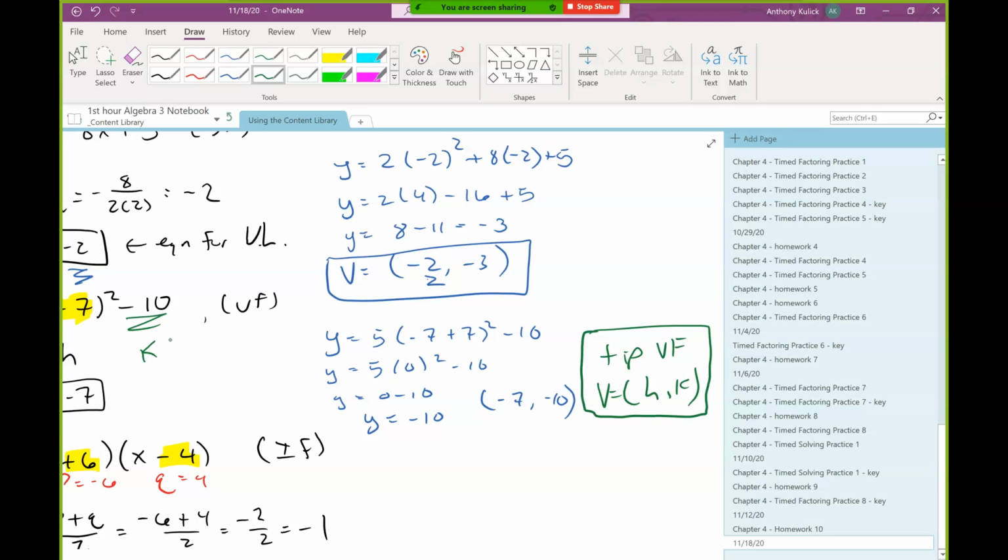We still get the same result. But this is one that you can do just on sight. You don't have to actually do any arithmetic to find the vertex for something in vertex form. That's why we call it vertex form. Because the vertex is visible. You don't have to do anything to really get it. Okay.